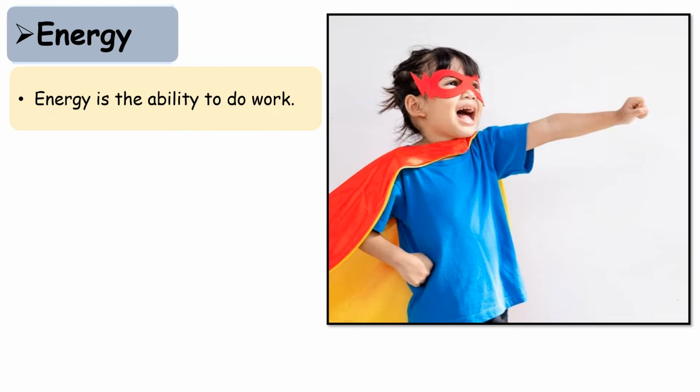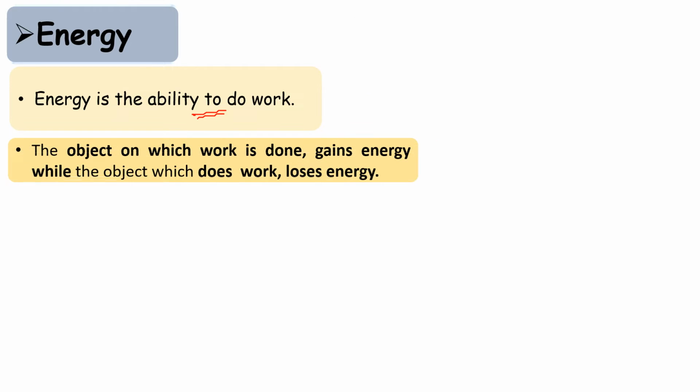So how do we define energy? Energy is the ability to do work. Now, the object on which work is done will gain energy, while the object which does work loses energy. So, for example, here is a box and I am pushing this box.